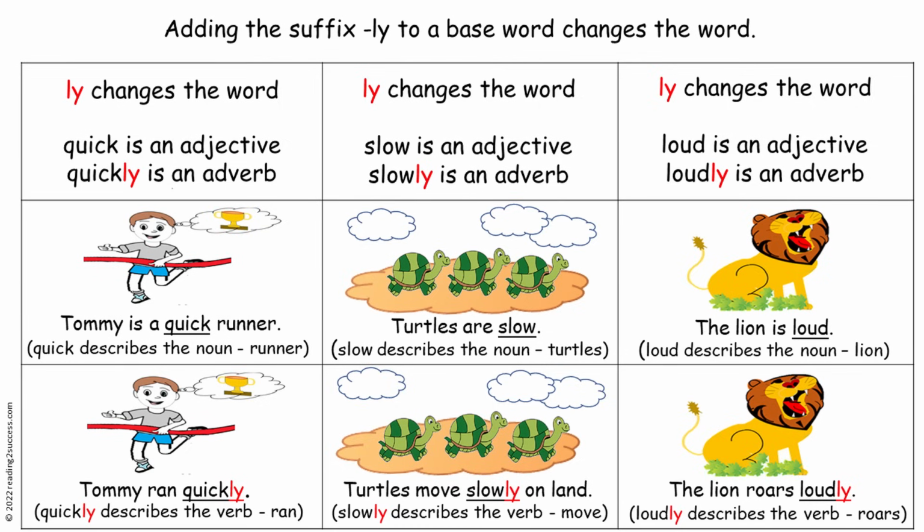In our second example, slow is an adjective that describes the noun turtles, and slowly is an adverb that describes the verb move. And lastly, loud is an adjective that describes the noun lion, and loudly is an adverb that describes the verb roars.